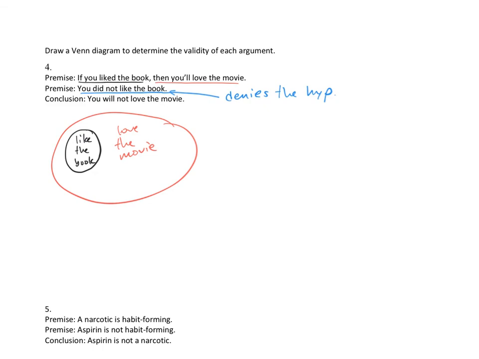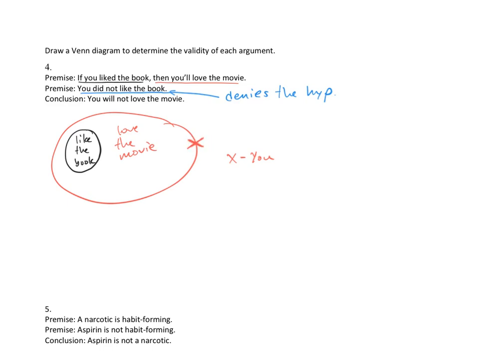So I have to take my x, my variable, u, and we have to put it on the border of this particular bubble, because the only thing we know is that we did not like the book, so we can't be inside or touching this bubble. But we do not know anything about liking or loving the movie or not. So the x has to go on the border of this bubble here.